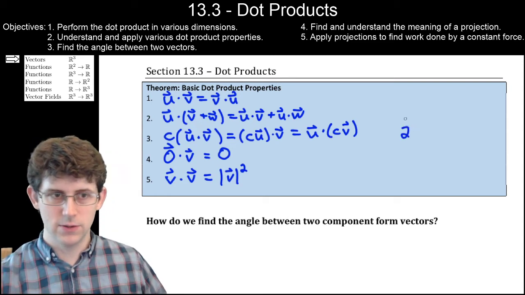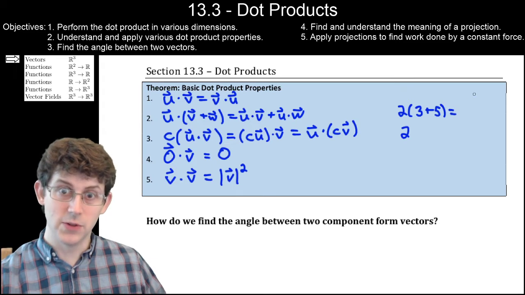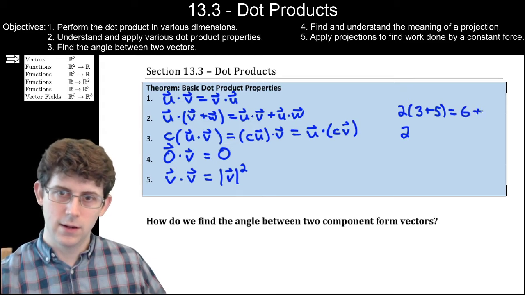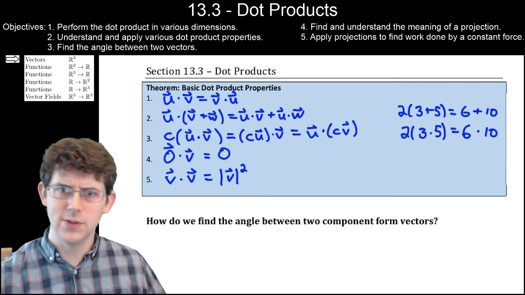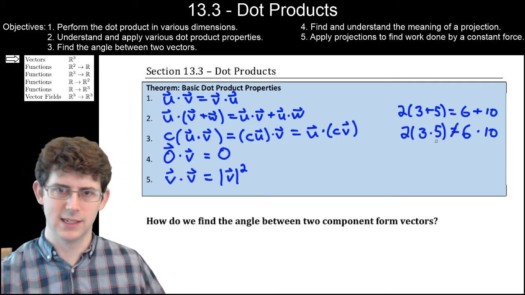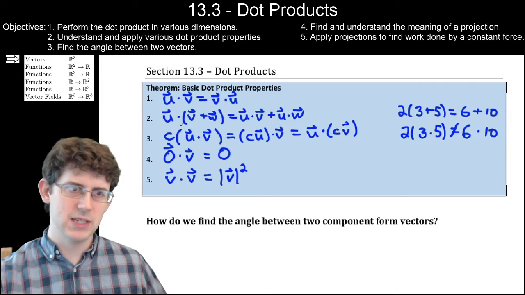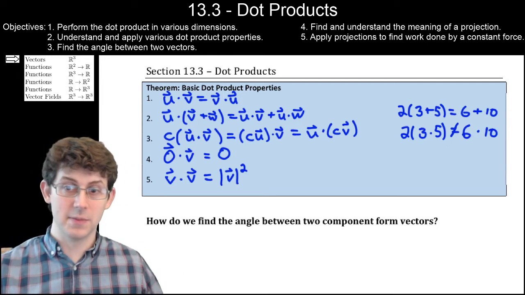If you were doing 2 times 3 plus 5, you could distribute the 2. But if you had 2 times 3 times 5, you wouldn't distribute the 2 here. You would say, well, you could do 2 times 3, or you could do 2 times 5. You shouldn't multiply both. So this does not work. Same deal with dot products. So the dot product follows pretty reasonable arithmetic rules.